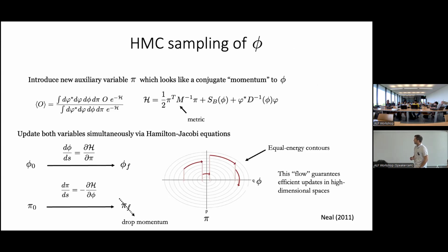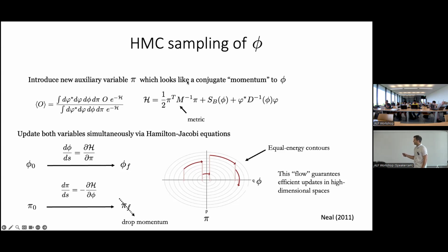Okay, so now what is this hybrid Monte Carlo sampling of this phi field? It starts like this. You have some expectation value of some operator O, as before. Now we're always free to add this additional field pi, which we're going to call a conjugate momentum. We introduce it like this.